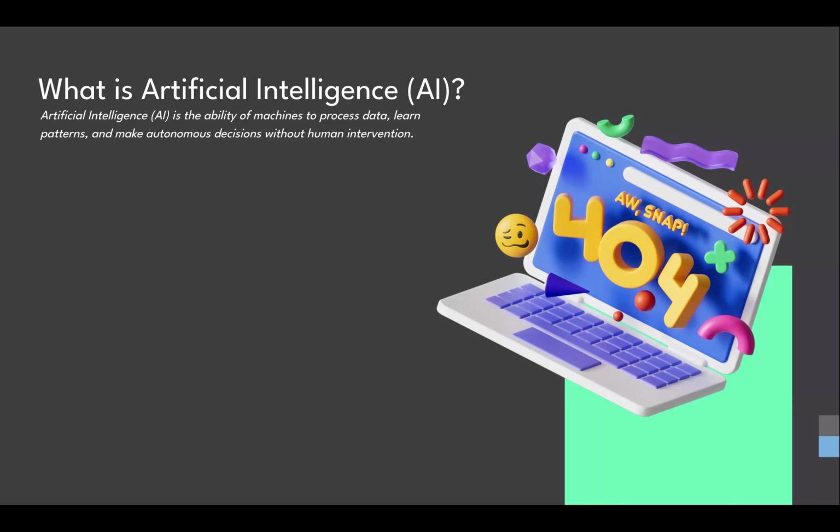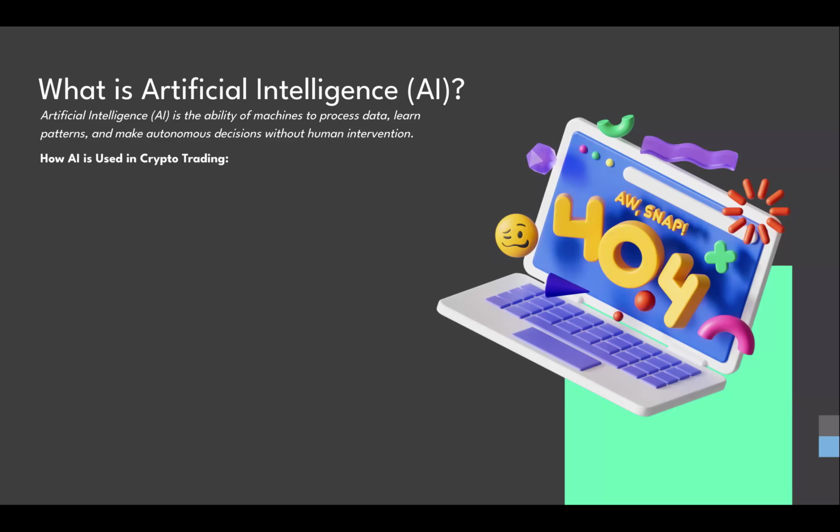So it is 100% reliant on data, because it's the data that AI uses to make any informed decision or to learn anything. Data is the backbone that powers AI.